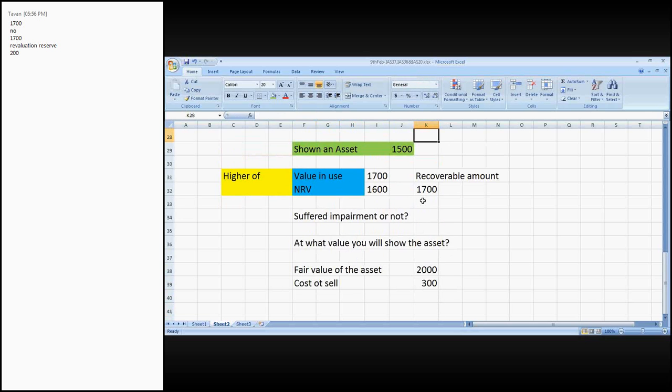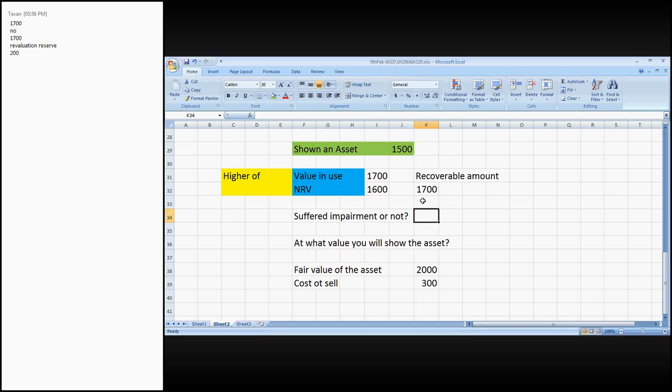So if you are using the revaluation method, you will show it as 2,000, right? Yes, I'll not show it as 1700.